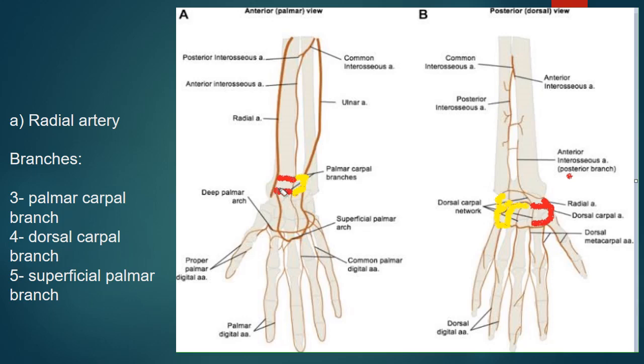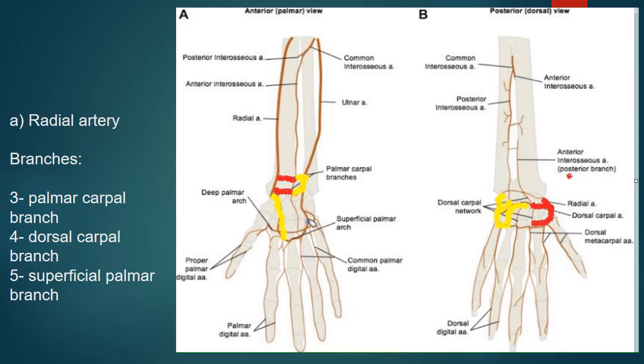But before going on the dorsal aspect, it gives off a branch which is termed the superficial palmar branch, this one. This superficial palmar branch of the radial artery joins the terminal part of the ulnar artery to form the superficial palmar arch in the hand.